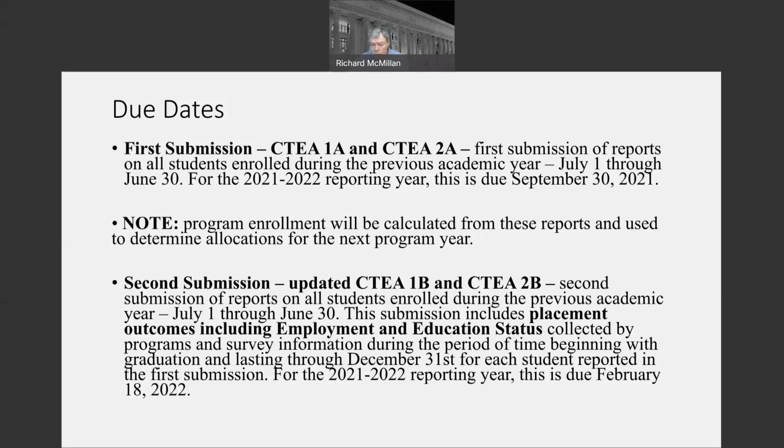For the 2021-2022 reporting year, this is due February 18th, 2022. This information, by the way, is very critical for the calculation of performance indicators that also are used to assess the progress and condition of your project.